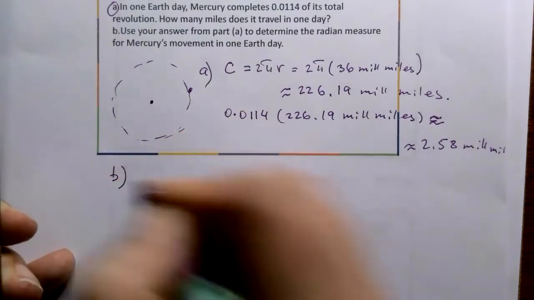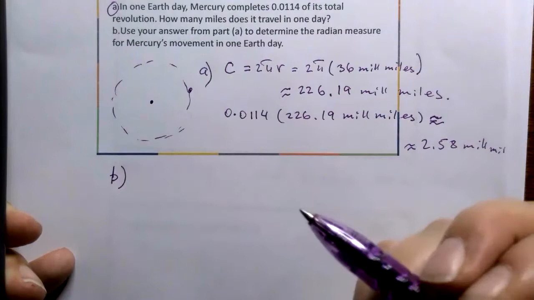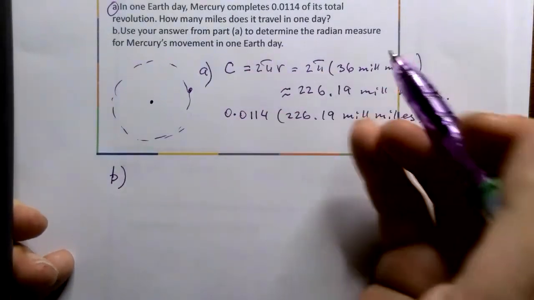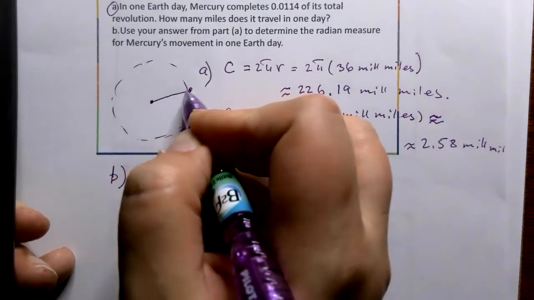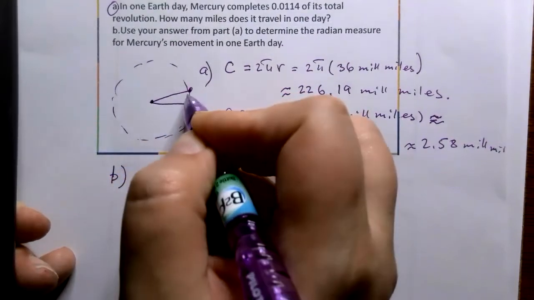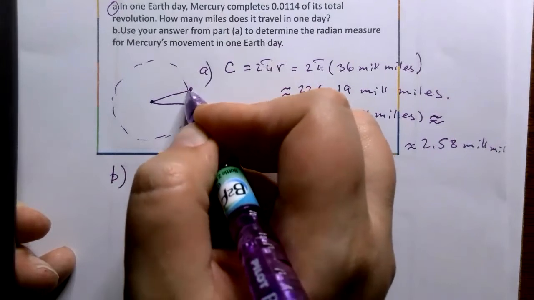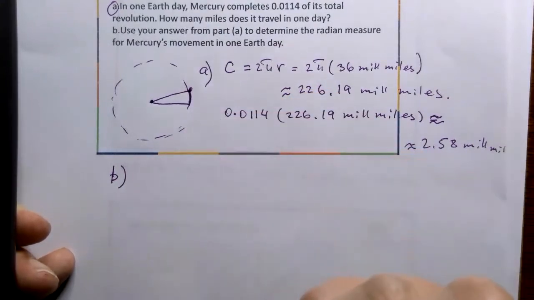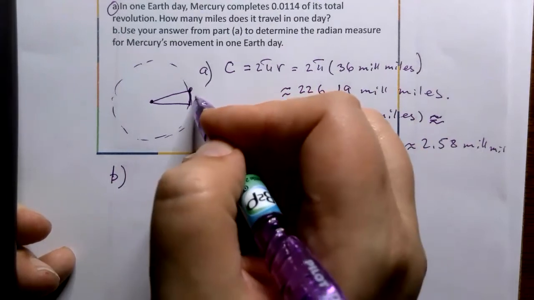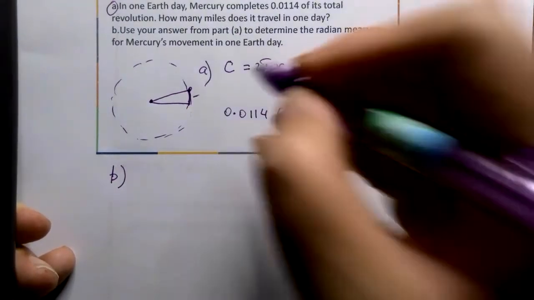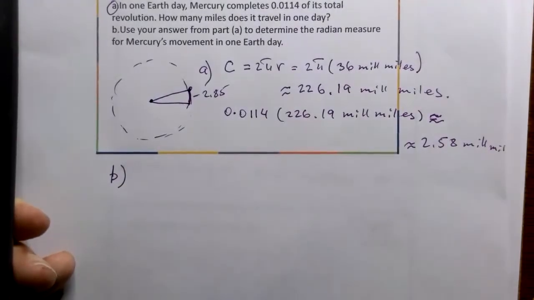Now let's talk about question B. Question B says, use your answer from part A to determine the radian measure. So what did we just find? We just found this distance. This is the arc traveled by Mercury in one Earth's day. So this little thing is 2.58 million miles.